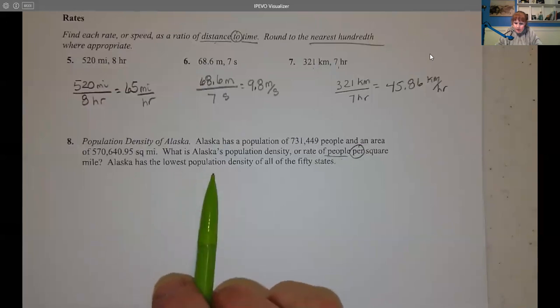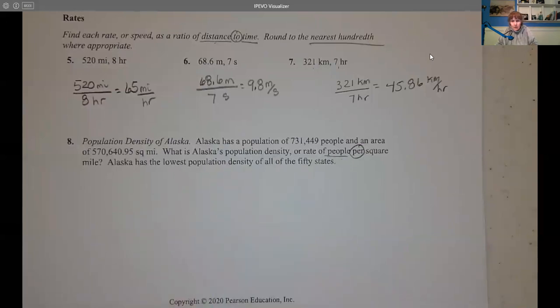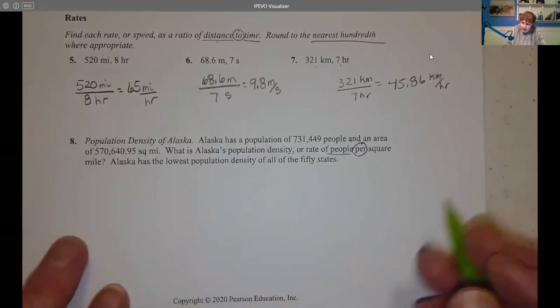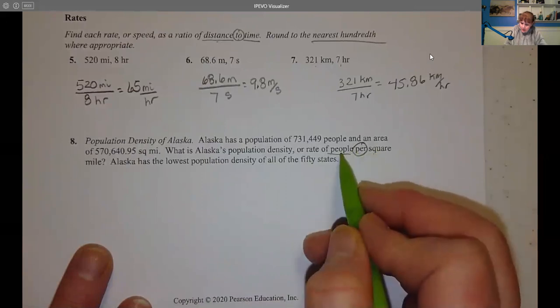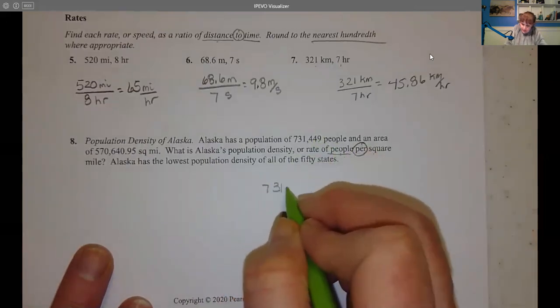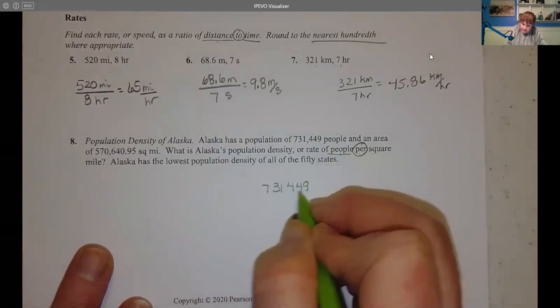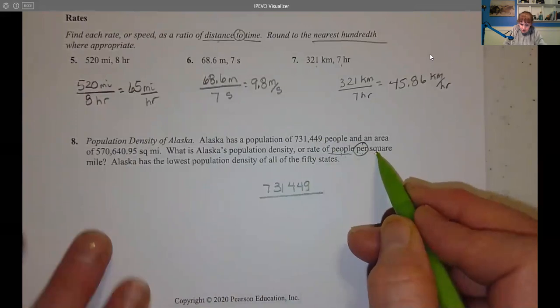Alaska has the lowest population density of all 50 states. So we have people per square mile, so the number of people will go in the numerator. Okay, per, divide, square mile.